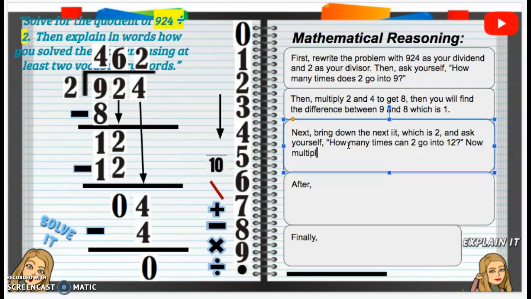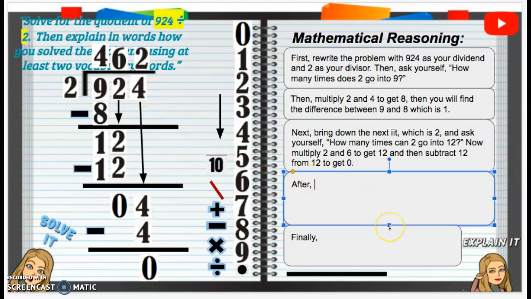Now multiply 2 and 6 to get 12, and then subtract 12 from 12 to get 0. After we got that 0 here, we had to bring down that 4, the next digit, right?